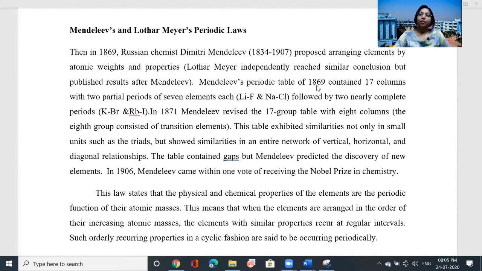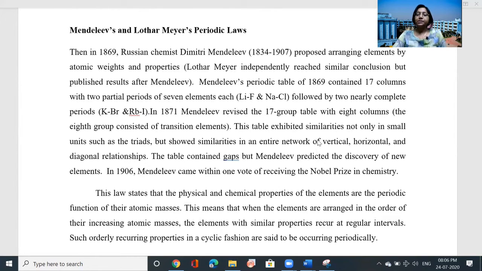Mendeleev's periodic table of 1869 contains 17 columns with two partial periods of 7 elements each, lithium to fluorine and sodium to chlorine, followed by two nearly complete periods, potassium to bromine and rubidium to iodine. In 1871, Mendeleev revised the 17-group table into 8 columns. The 8th group consisted of transition elements.